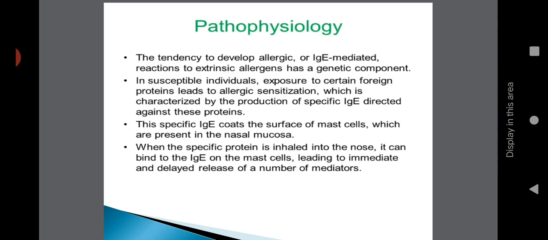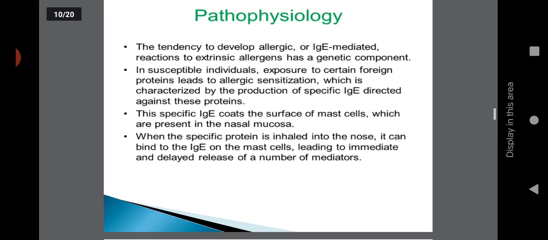In susceptible individuals, exposure to certain foreign protein leads to allergic sensitization, which is characterized by the production of specific IgE directed against this protein. Susceptible individuals means those who are having allergic attacks. Exposure to certain foreign protein means whatever causes we have discussed, it may be dust, pollen, whatever it is.